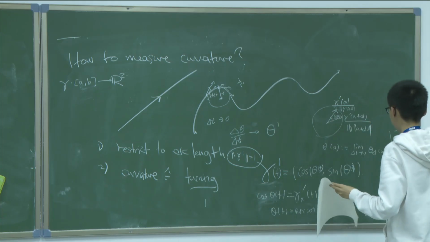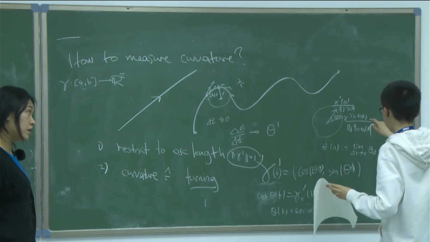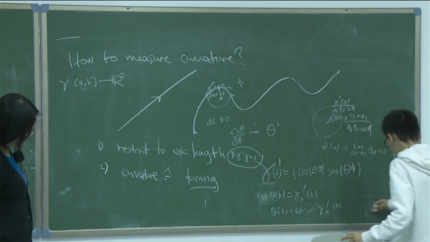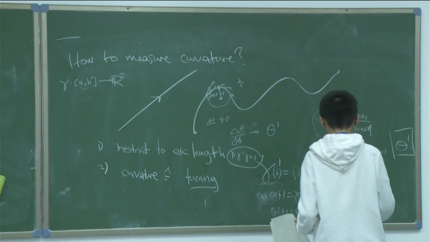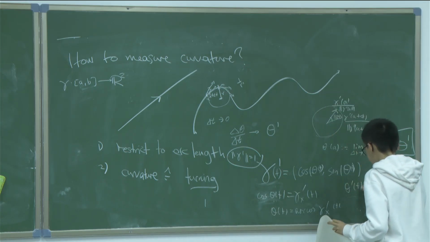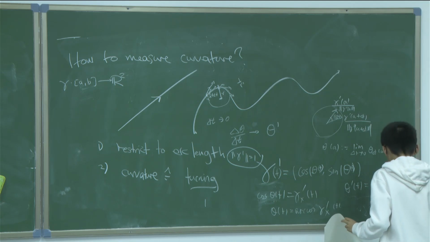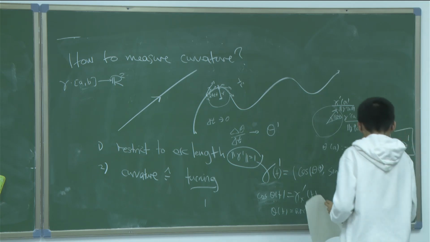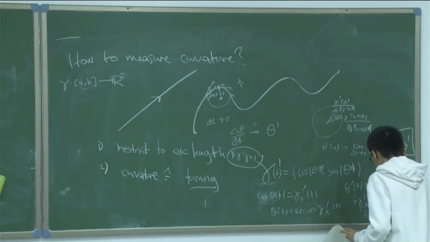You can do that if you want to. So theta prime t equals the derivative of arc sine of gamma x prime t.